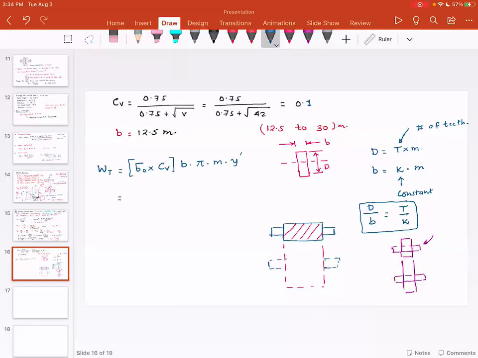And Y prime is basically the modified Lewis form factor that we just found out. Sigma O value is given to us. Value of CV is 0.1. Value of B, I'm assuming it to be 12.5.